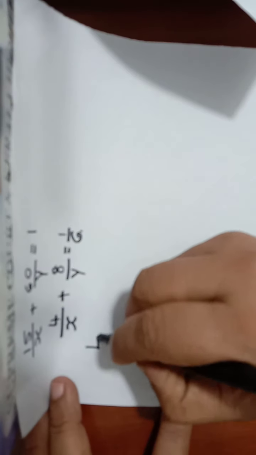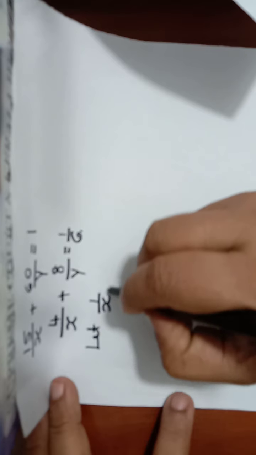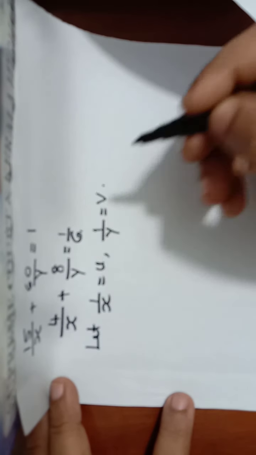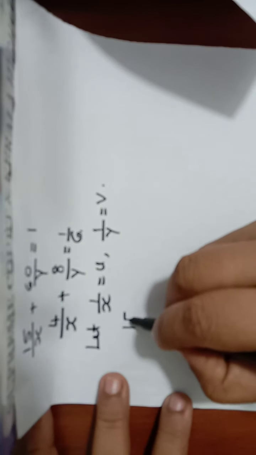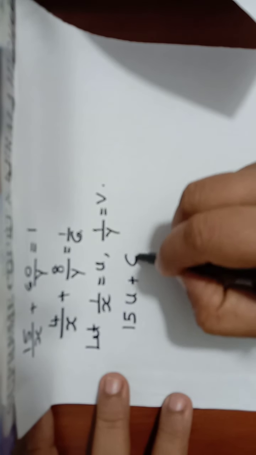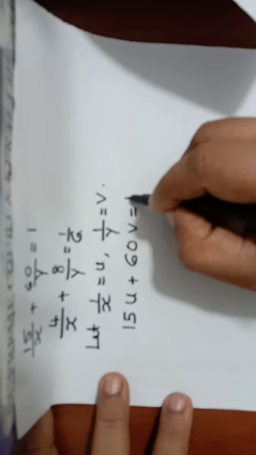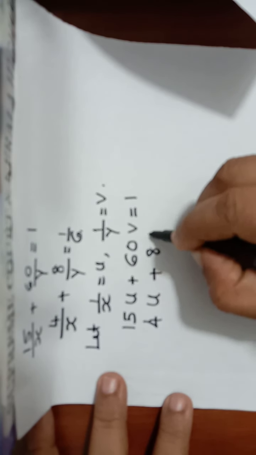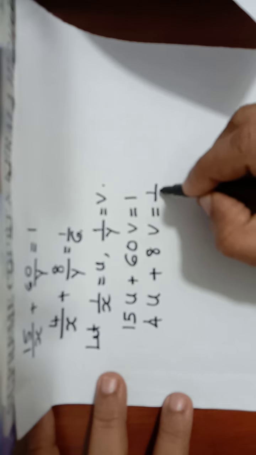Here let 1 by x be u and 1 by y be v. So the equations become 15u plus 60v is equal to 1, and the second equation 4u plus 8v is equal to 1 by 6.